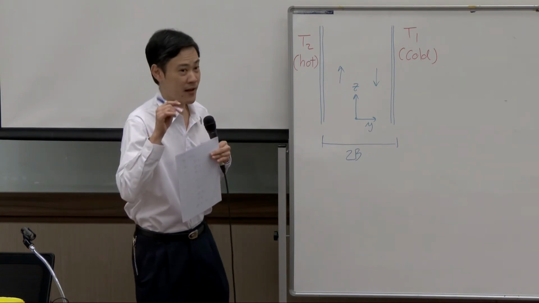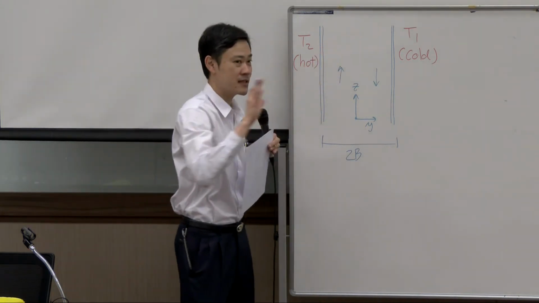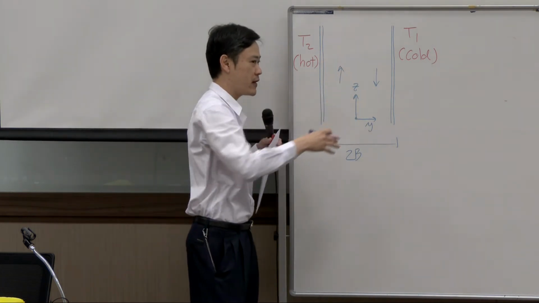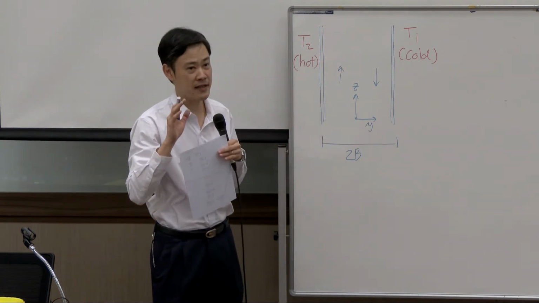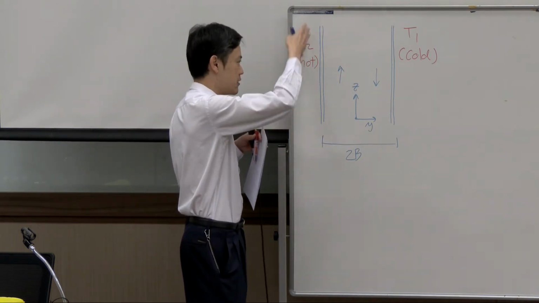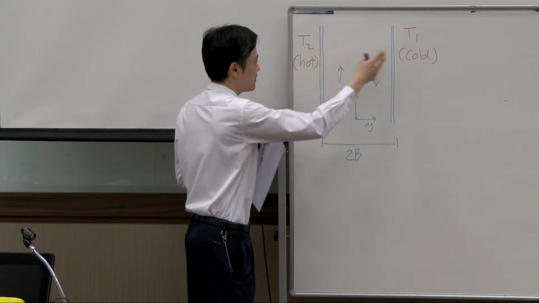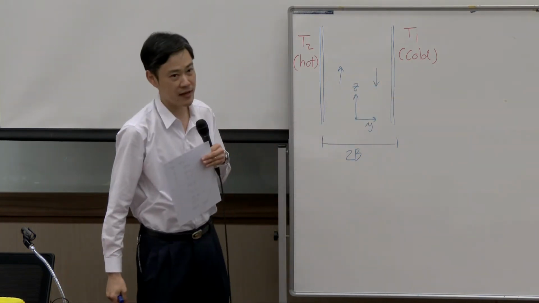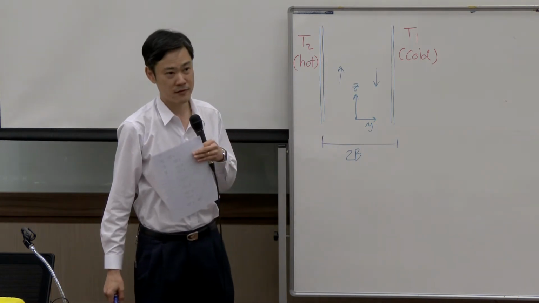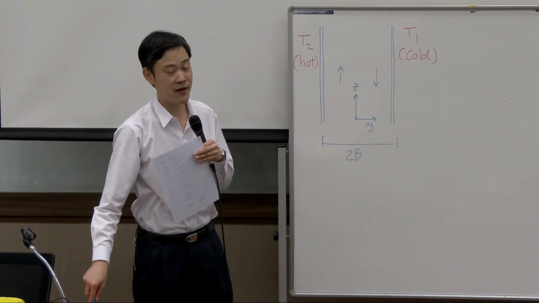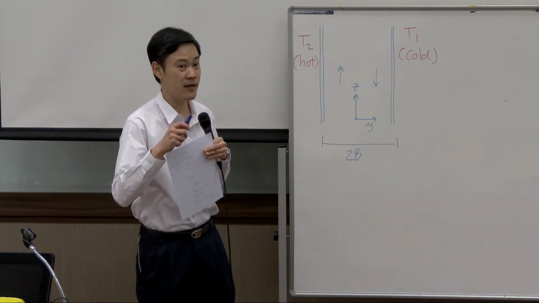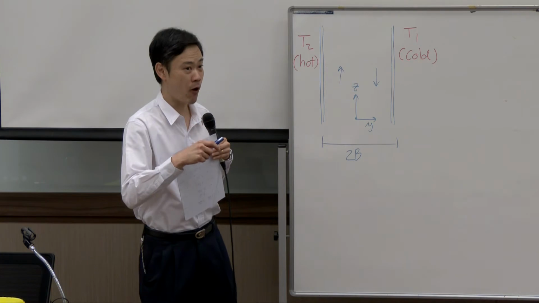Because if you assume that the flow rate of the fluid is really, really slow, as if the fluid does not move, you have a high temperature wall on this side, a low temperature wall on the other side, and in the middle is a stationary fluid, then it is simply conduction. Okay? So it turns out to be the example of a composite wall.